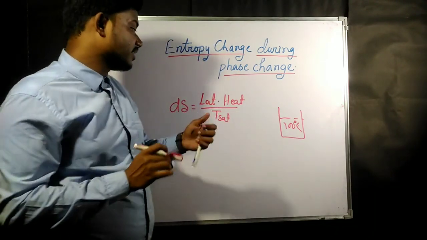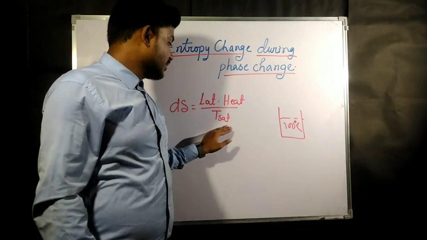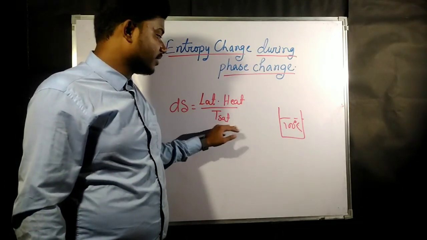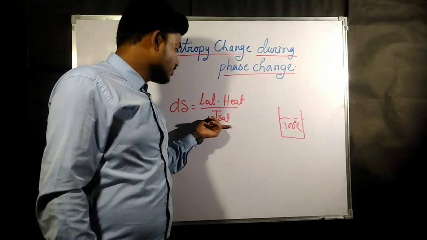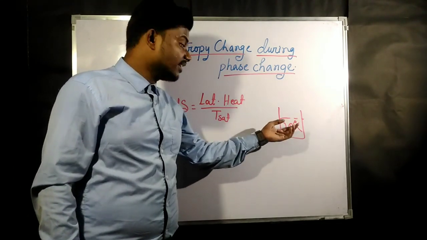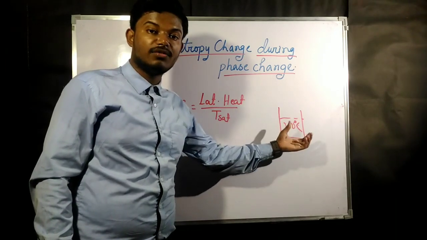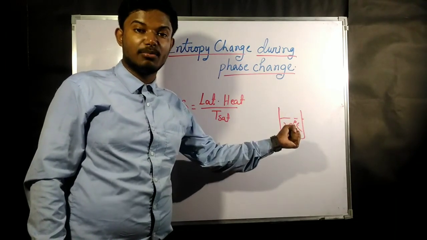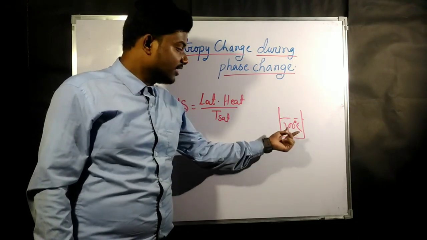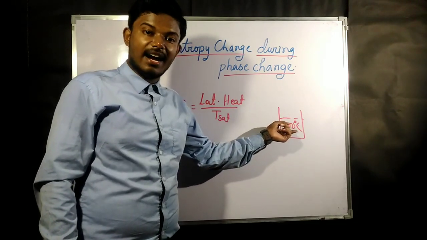Saturated temperature means, at that temperature, it may be saturated vapor. It is the temperature when all of the water has just finished evaporating, and then the temperature is 100 degrees centigrade.